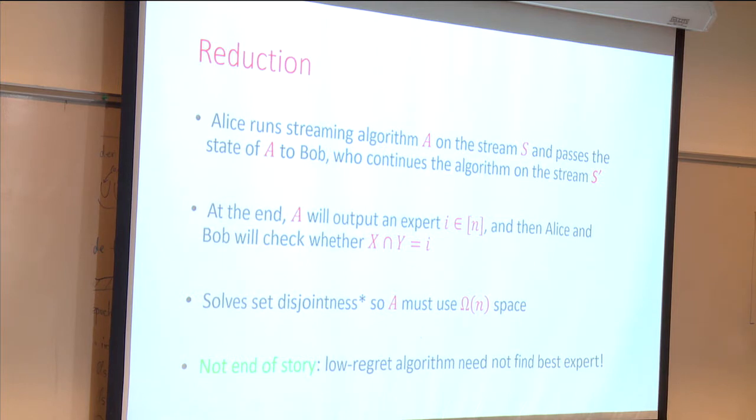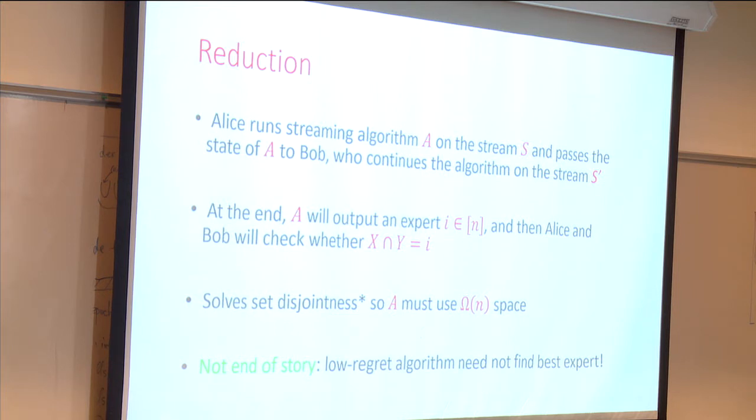And all I'm saying is that, as a streaming algorithm, I notice this expert is right on the first day, and so I just follow this expert for t over 2 days. And then I notice that it starts being wrong, and then I just follow some other expert for the next t over 2 days. And I have low regret, but I have no idea who the best expert is.